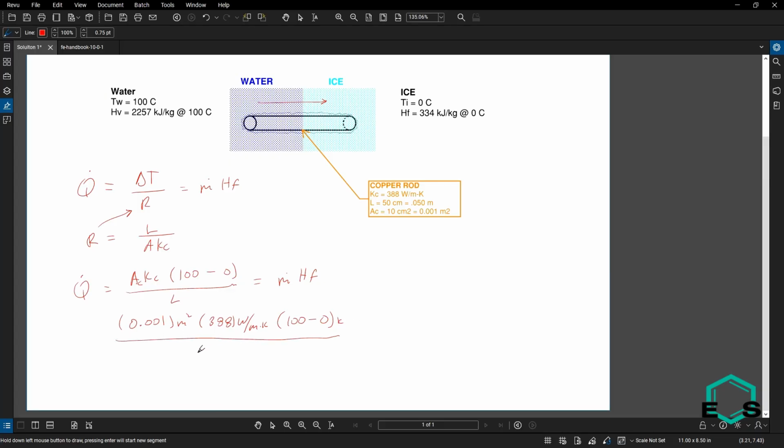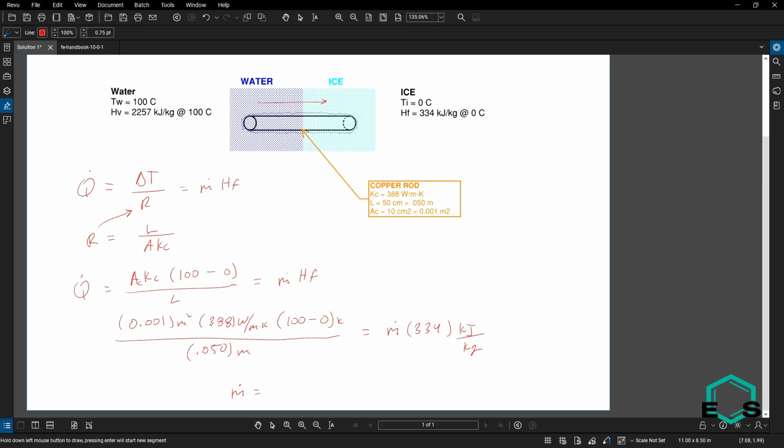L is 0.050 meters. Okay, this is equal to m dot, and HF is 334 kilojoules per kilogram.